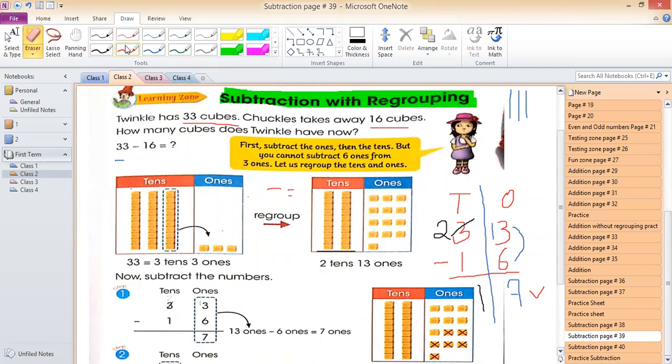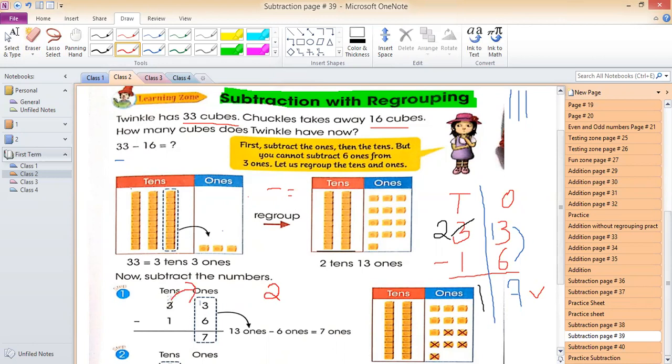The second important thing, when you take one carry from the tens, like there were 3 tens. When you take a carry from 1 ten, remember it will not be 3 now. It will be 2.